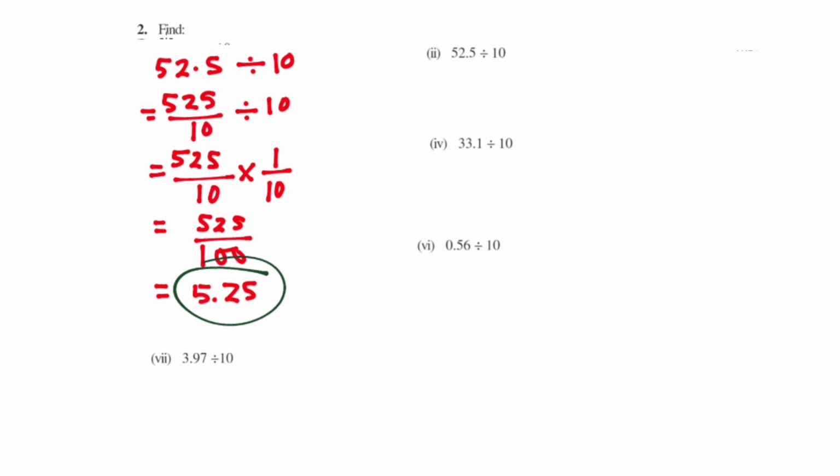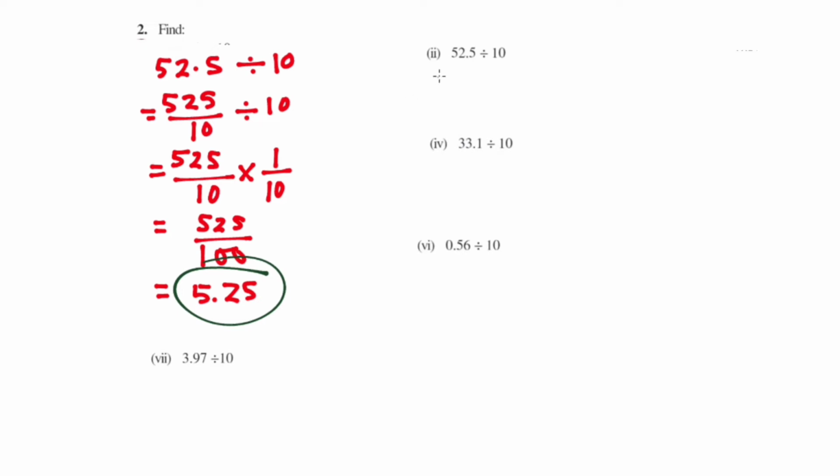Okay, so how many zeros do we have in 10? One zero. So what are we going to do? We are going to shift the decimal that is present between 2 and 5 to the right side, by as many places as there are zeros. We have only 1 zero in this part, so we shift the decimal point one place to the right.